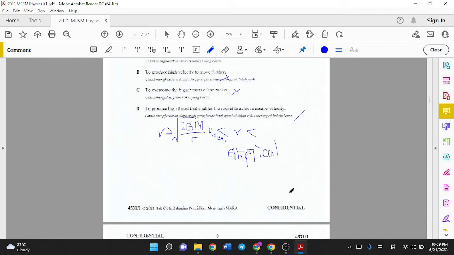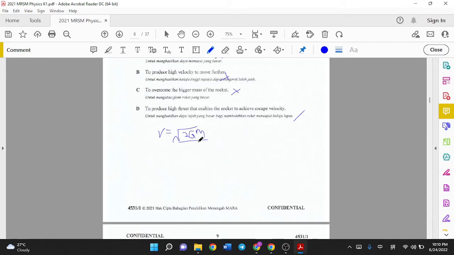Some students may be curious how to obtain the equation for the escape velocity. If you are Form 4 students, you can just skip this part because you haven't learned integration in maths, which you will learn in Form 5.